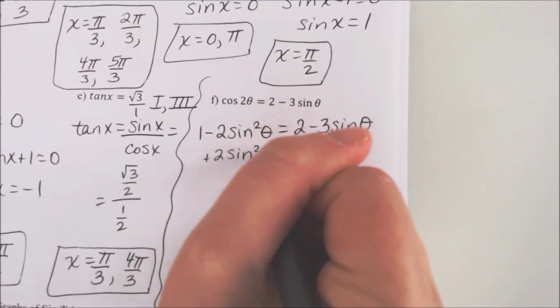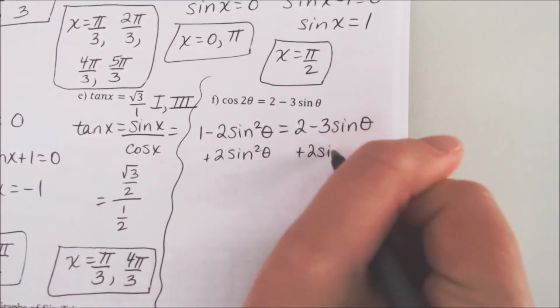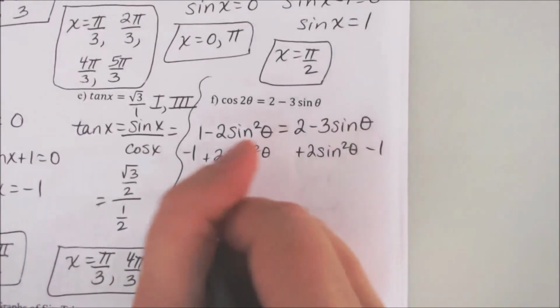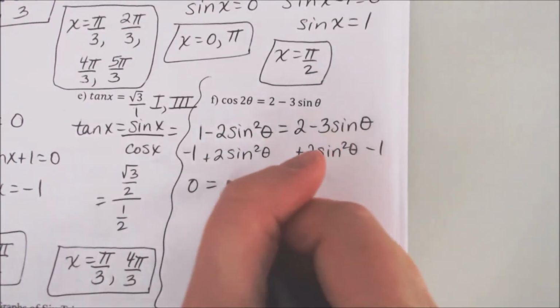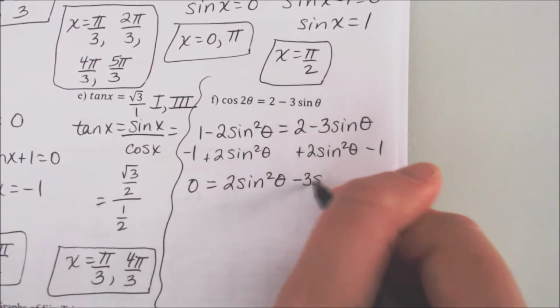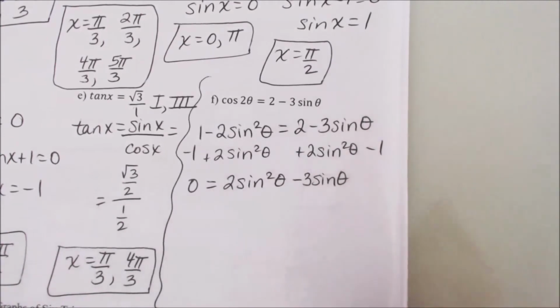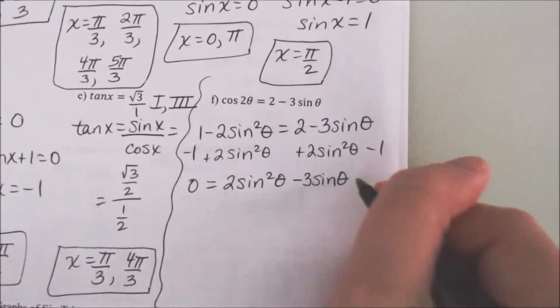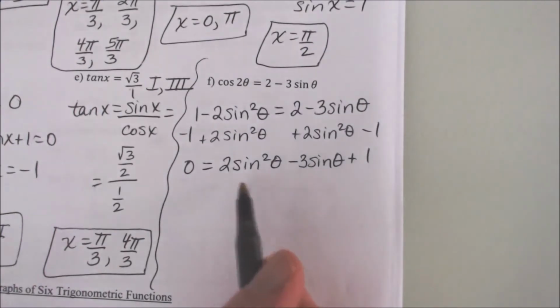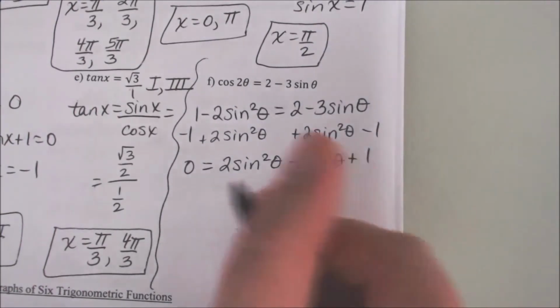So I'm going to add 2 sine squared theta to both sides. At the same time, why don't we go ahead and subtract the 1. So that leaves me with 0 on this side equals positive 2 sine squared theta minus 3 sine theta. And then I have a 2 and a negative 1 now, so that gives me a positive 1 at the end. All right. So now we have a quadratic that needs to factor.